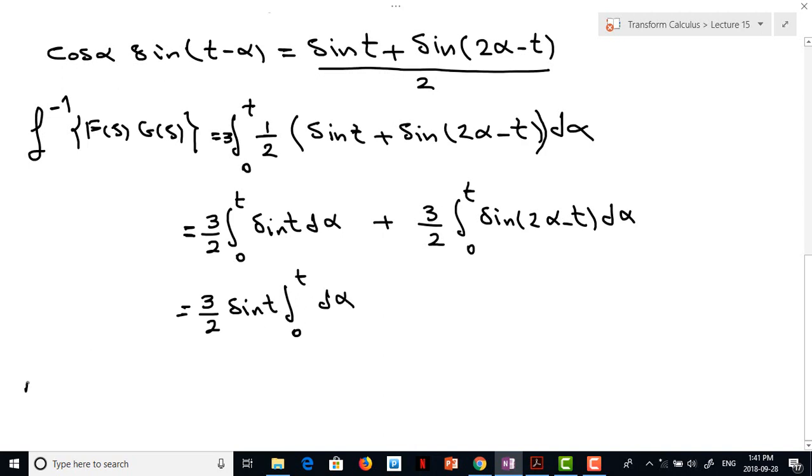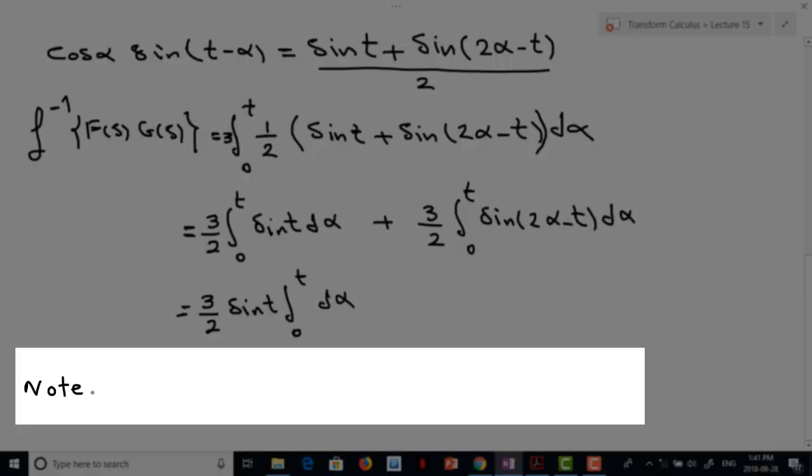Let me just give you a note here to clarify why I can bring sine t out of the integral. Imagine if you have the integral of x dx. The integral of x dx is equal to half x squared. Why? Because the variable of integral is x and the function is a function of x. But imagine you want to find the integral of x dy.